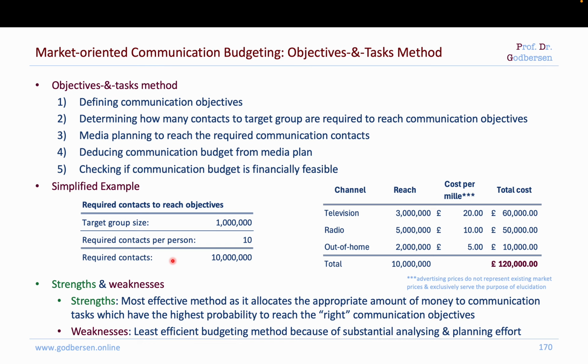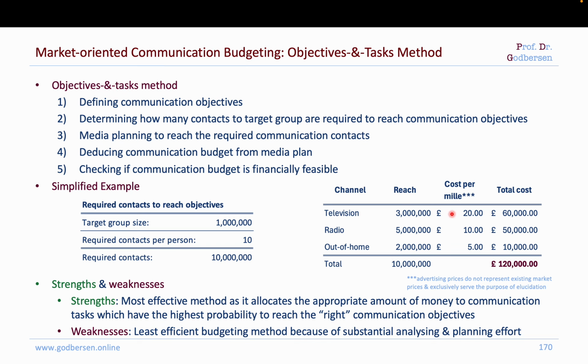To get to these 10 million advertising contacts, we can simplify to telly, radio, and out of home. Through the telly channels that we can book, we can reach 3 million people, radio 5 million, out of home 2 million, so we come to our 10 million contacts.